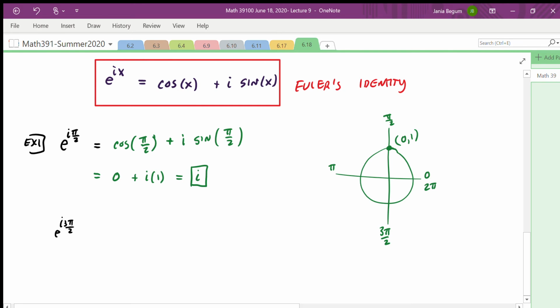So I'm just going to rewrite this. The exponent is too tiny. So what if we want to rewrite e to the i times 3 pi over 2? So again, x is 3 pi over 2 in this case, right? So using Euler's identity, I'll give you a few seconds.